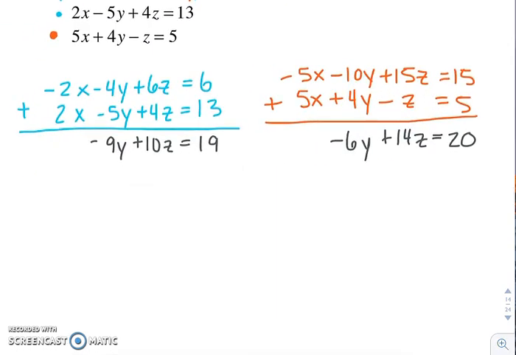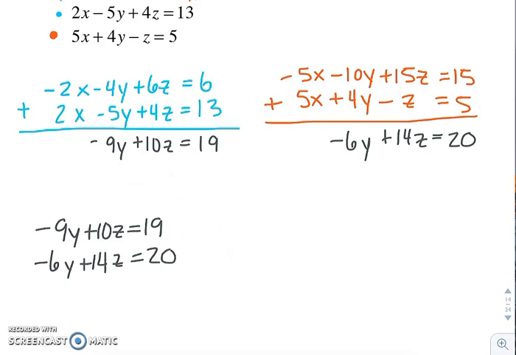Okay, so these are the two equations that we are going to use to set up a regular system of equations like you've done since Algebra 1. Like I said, it's just getting to this point that is new. So we'll set negative 9y plus 10z equal to 19 and negative 6y plus 14z equals 20. So here we have to do a regular solving a system of equations.